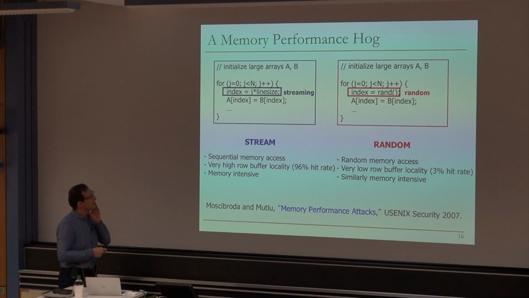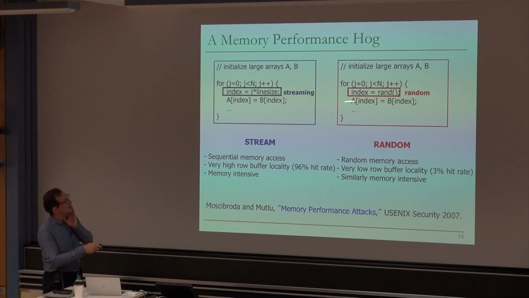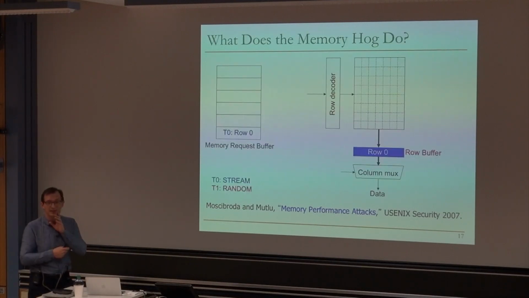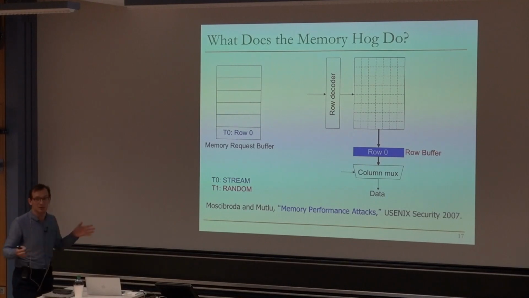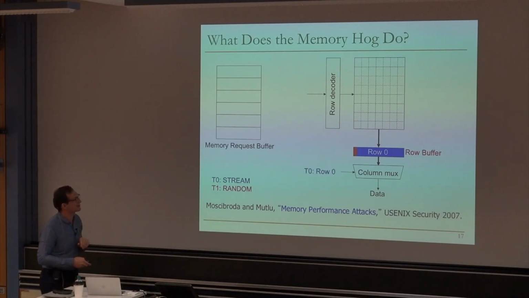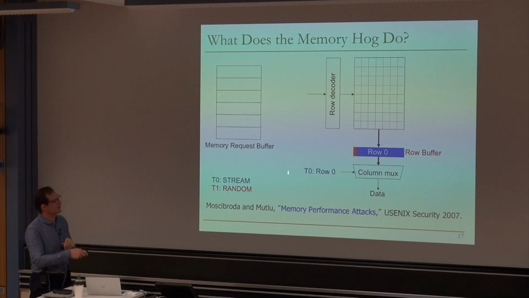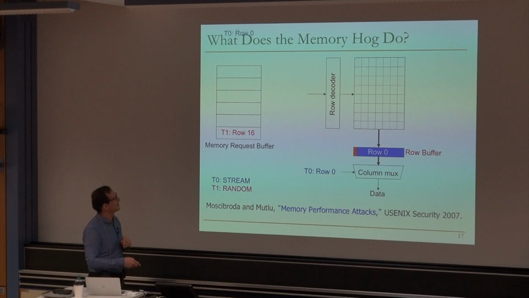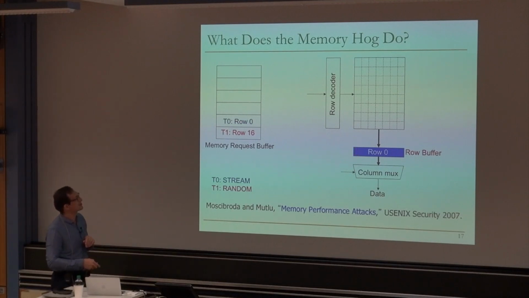Right? So if you run these two applications together, let's take a look at what happens, if your memory controller is not designed to be aware of quality of service. We run this blue application as stream, red application is random, and the memory controller, let's say, gets the first request, opens row 0, and schedules that request. And then the memory controller keeps getting some requests.